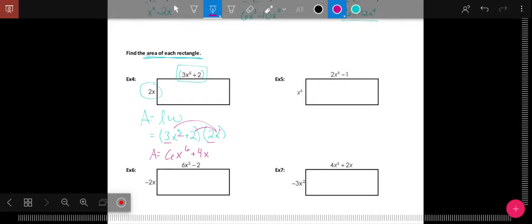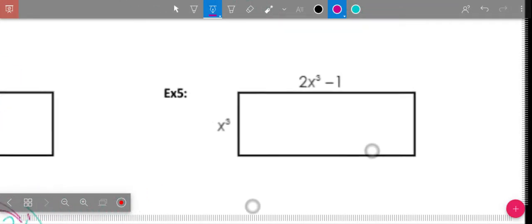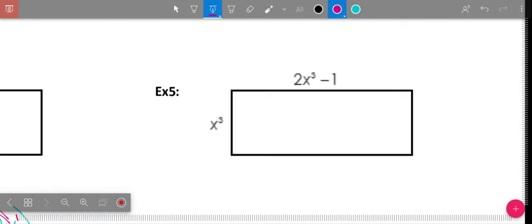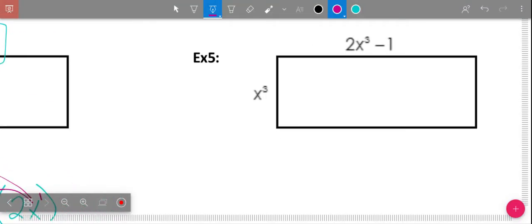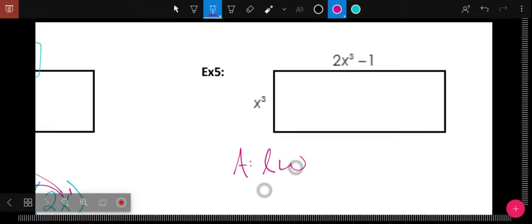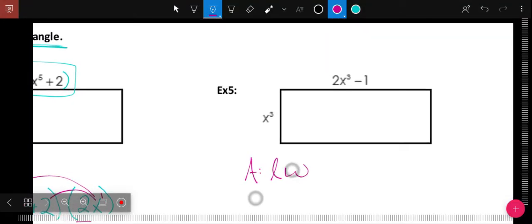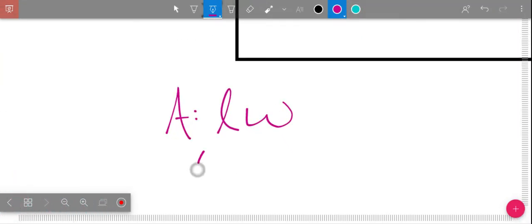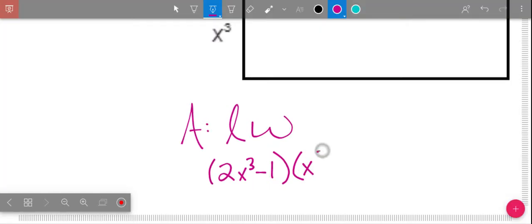All right, looking at the next one. We've got 2x cubed minus 1 is our length, and x cubed is our width. So remember, area equals length times width. So we said our length was 2x cubed minus 1. And our width was x cubed.